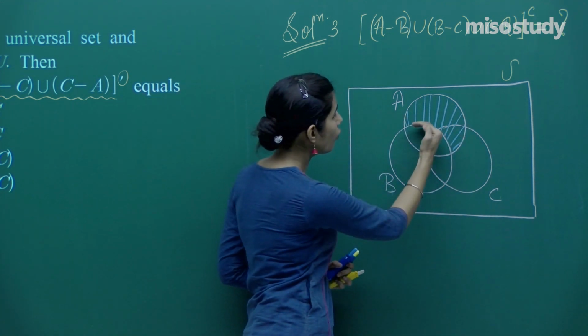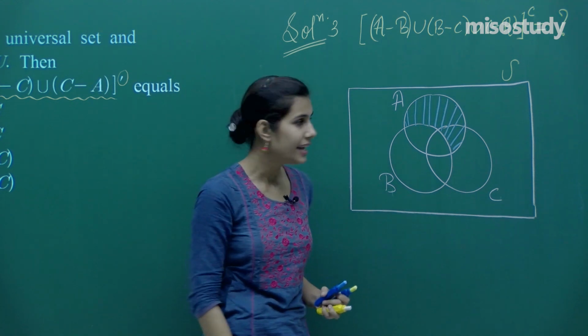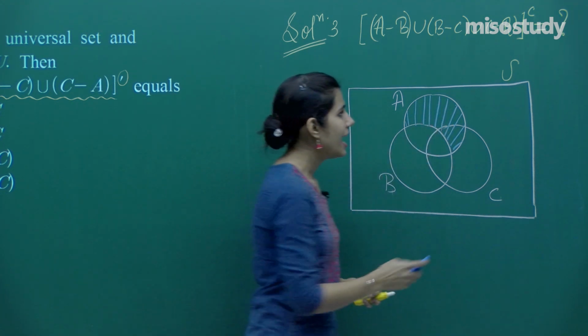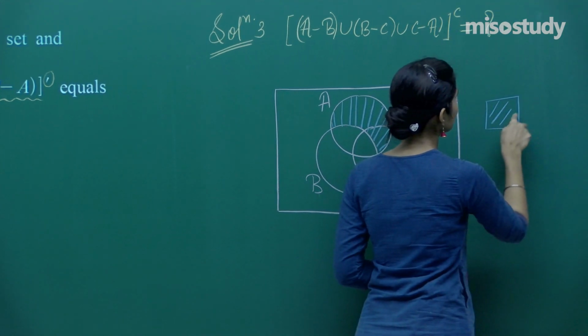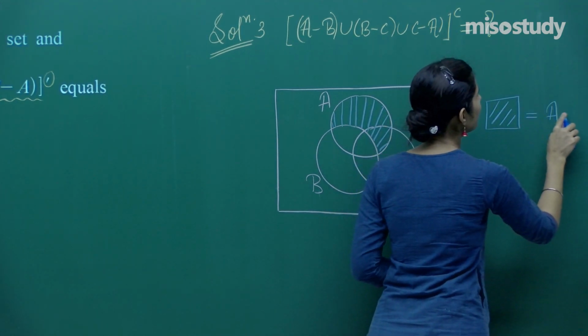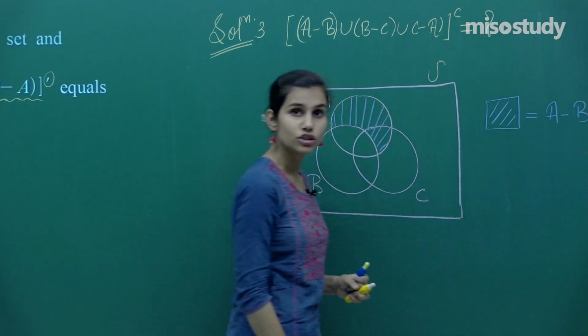I am just avoiding B's portion from A, the rest I am shading blue, and therefore I have obtained my A minus B portion.